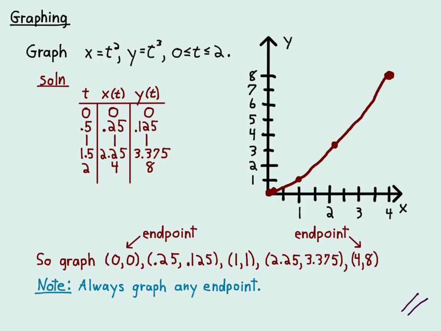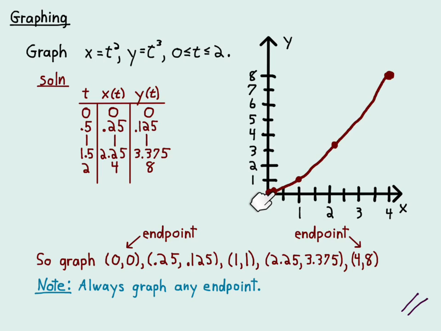Now, over time, remember what happens. You're at the origin here at time 0. Then you're at this point at time 1/2. And then at time 1, you're here. I'm sorry, no, that's wrong. Time 0, you're here.